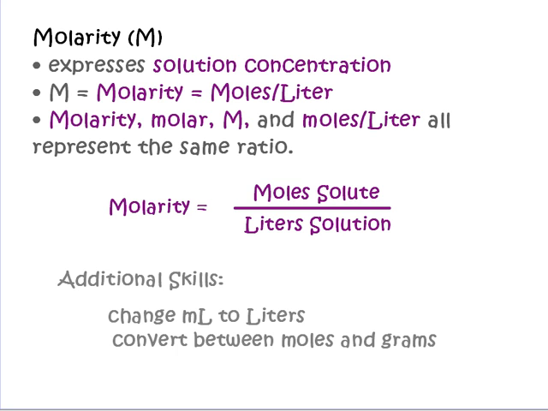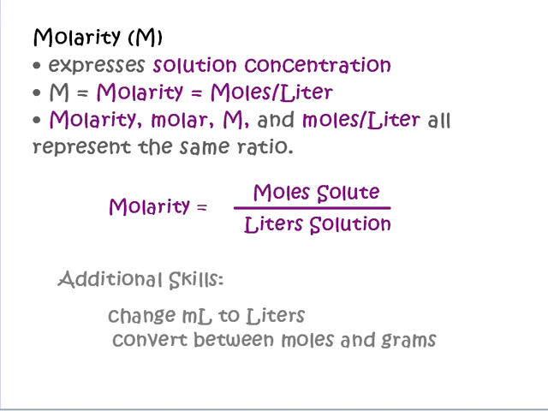Now we use some words that are similar to each other. We might talk in molarity. What is the molarity of this solution? When we talk about the solution, we might say this is a 6 molar solution. So instead of calling it 6 molarity, we just shorten it up, say molar. And we use a big capital M to represent it. And like I said, it's moles per liter.